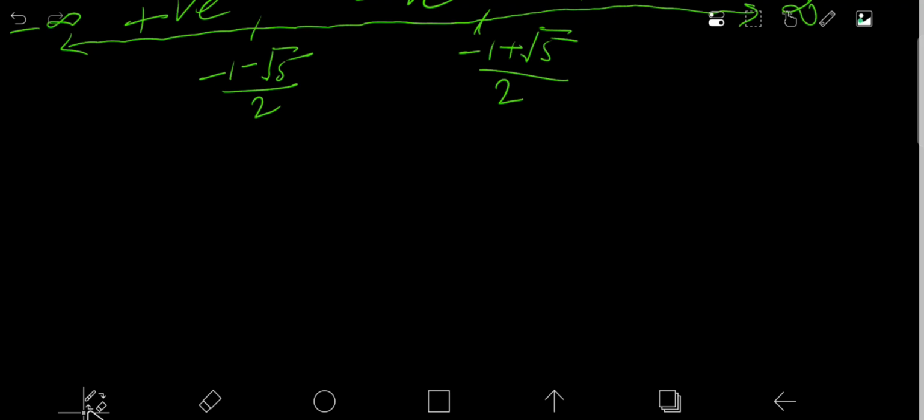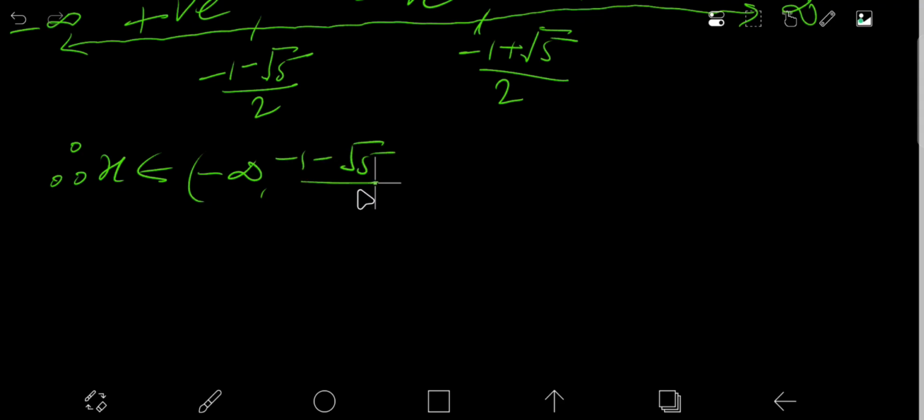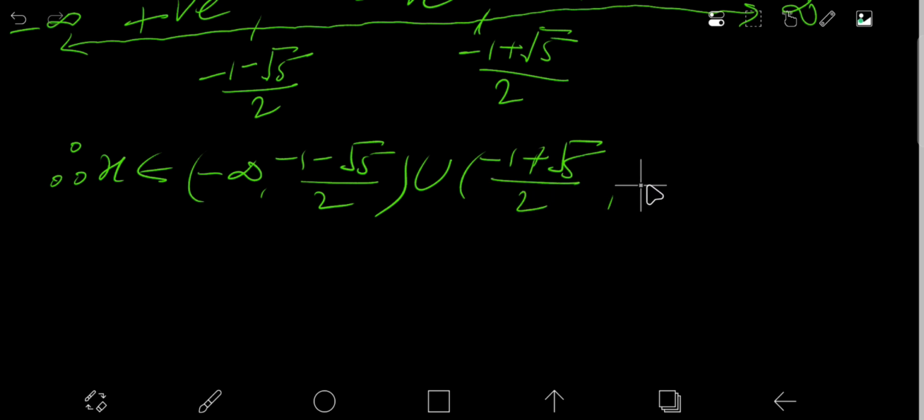From here we get the solution: x belongs to minus infinity to minus 1 minus square root 5 divided by 2, union minus 1 plus square root 5 divided by 2 to plus infinity. This is the second condition.